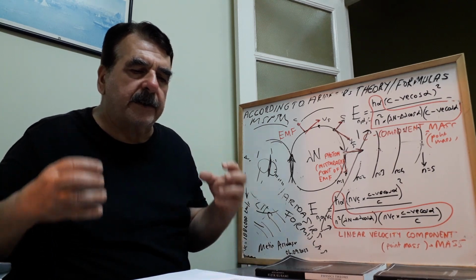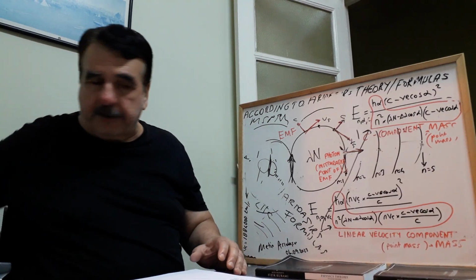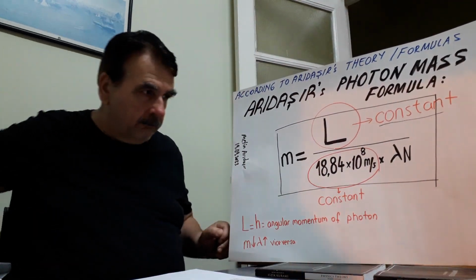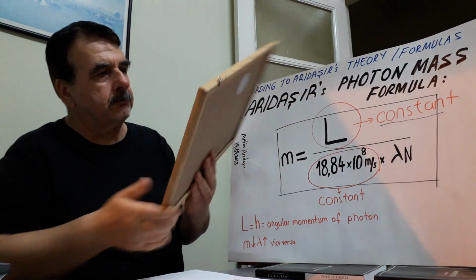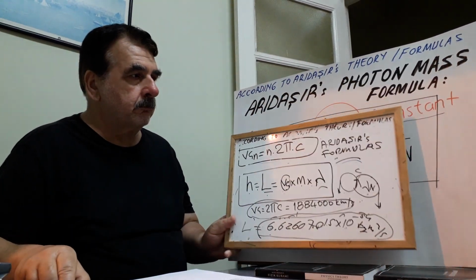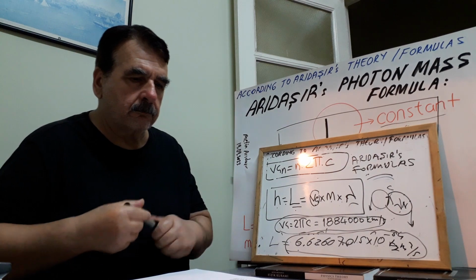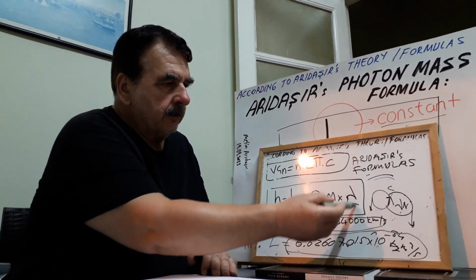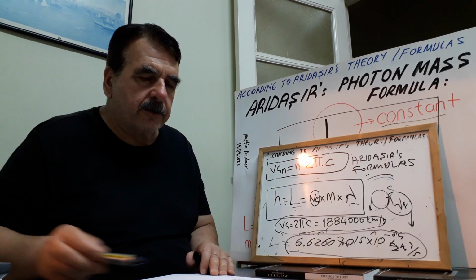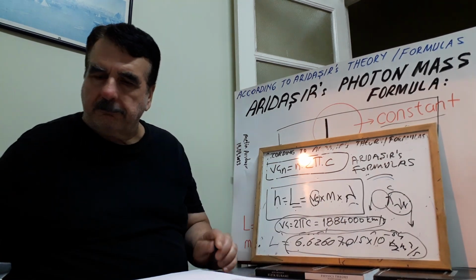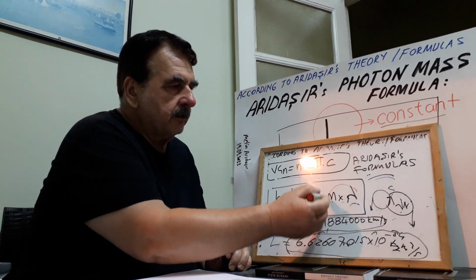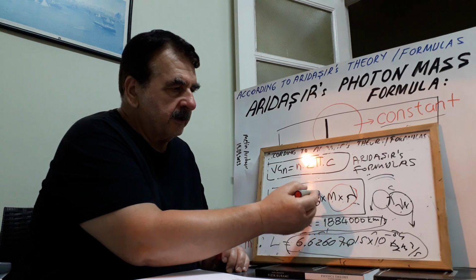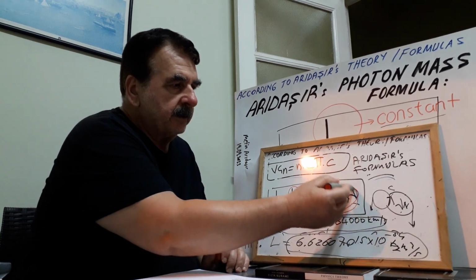Therefore, the result of multiplication of mass and wavelength is constant. Why? This is constant and this is constant.